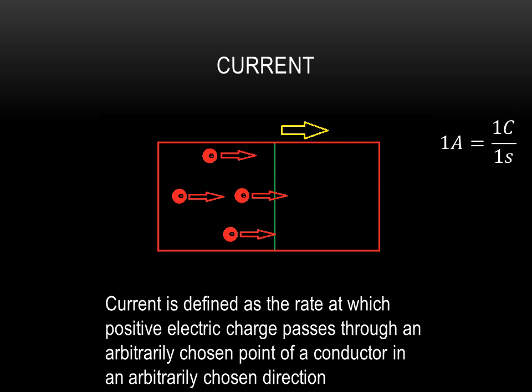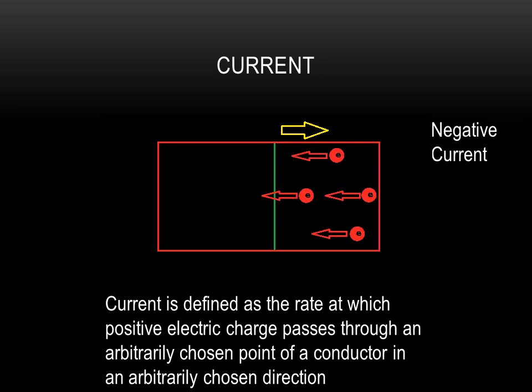Now we have a positive value for this ampere since the positive charge is moving in the chosen direction. What if the positive charge was moving opposite of the chosen direction? Well, then that would be negative current. So if we chose the current to be to the right, then we would have to represent that current with a negative number.